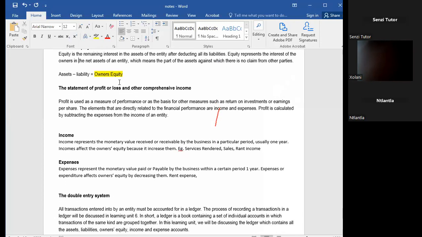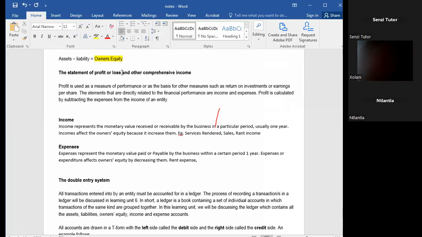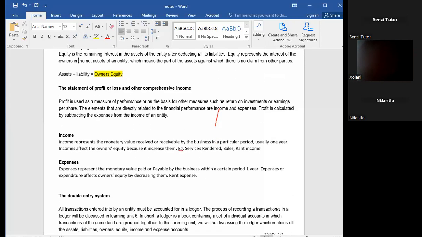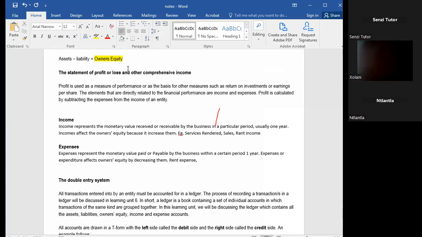Now, let's look at the statement of profit and loss and other comprehensive income. Right? Profit is used as a measure of performance or as a basis for other measures such as return on investments and earnings per share. The elements that are directly related to the financial performance are income and also expenses.